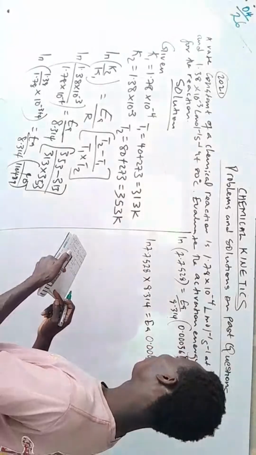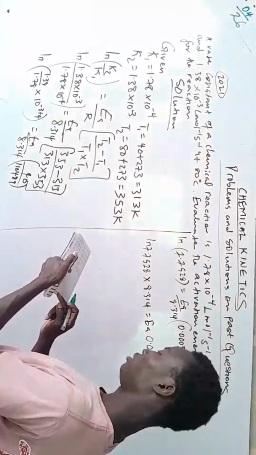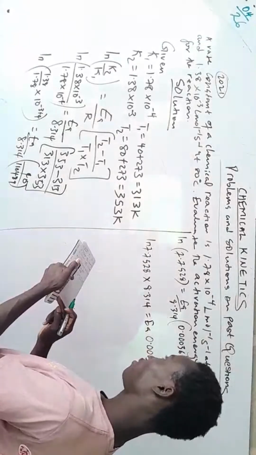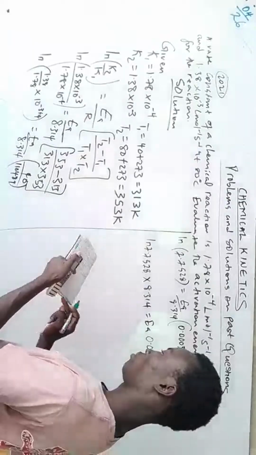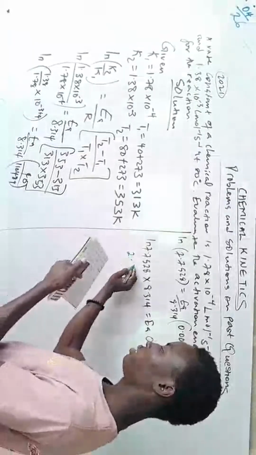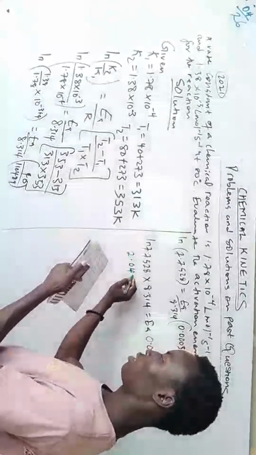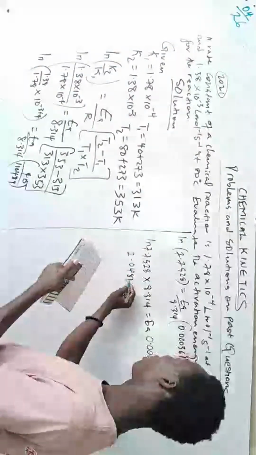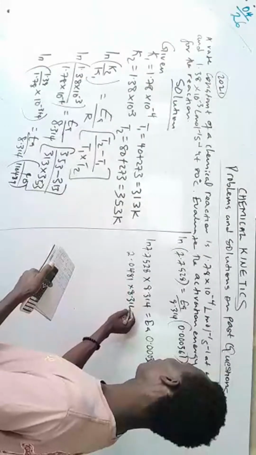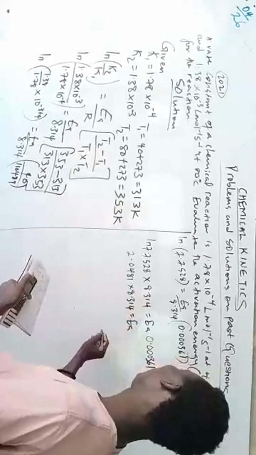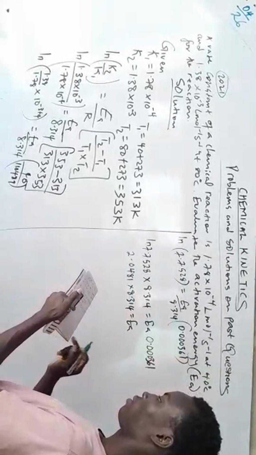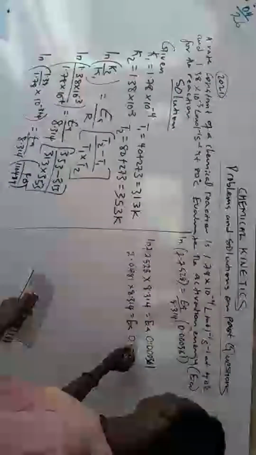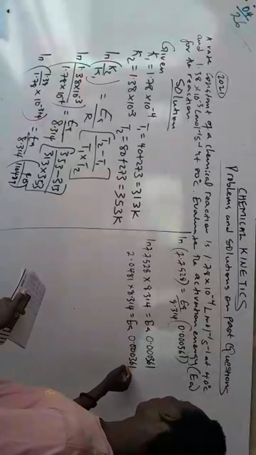Now, here we go. The ln of 7.7528 will give you 2.0481 times 8.314 equals EA. Then 0.000361.